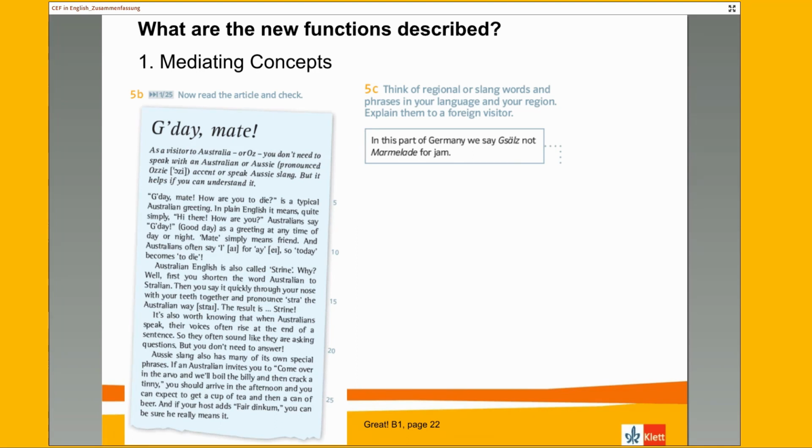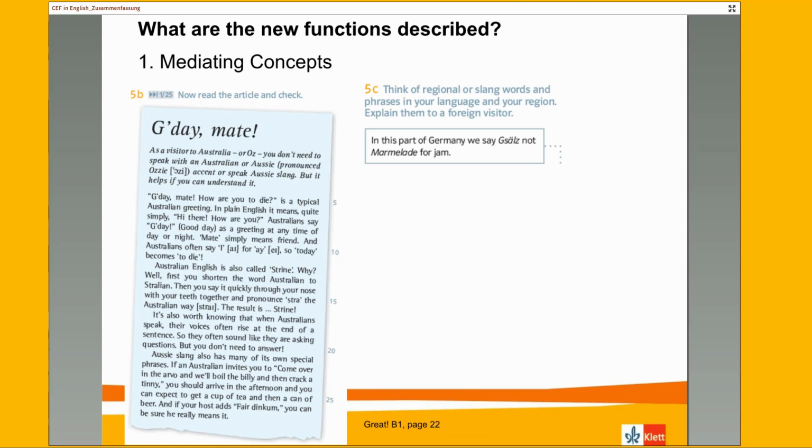And in the text, the speaker defines some Aussie slang. He explains what this or that word means. And that's what I meant before when I said mediating concept is the creation of that meaning for someone who doesn't know the word or the expression.